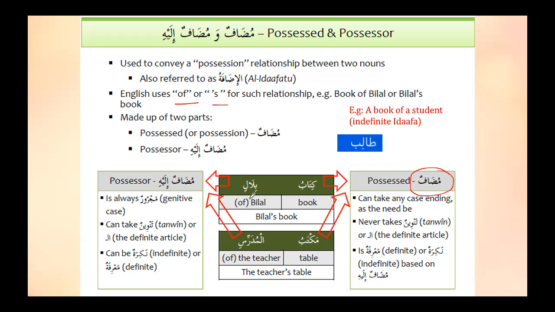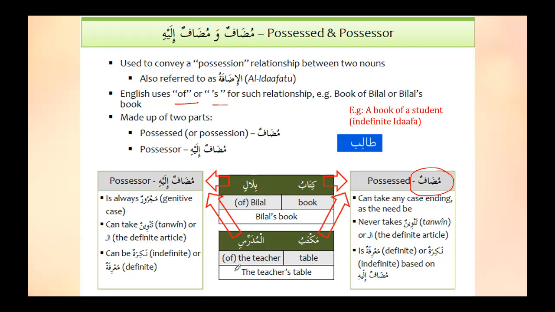Okay, the second term, Bilal, is called mudafun ilayhi. It is always majroor. It can take tanween or it can take al. As you can see here, it took a tanween. Even though Bilal is definite, it took a tanween because it's the name. And in this second example, maktabul mudarrisi, maktab means here, table.